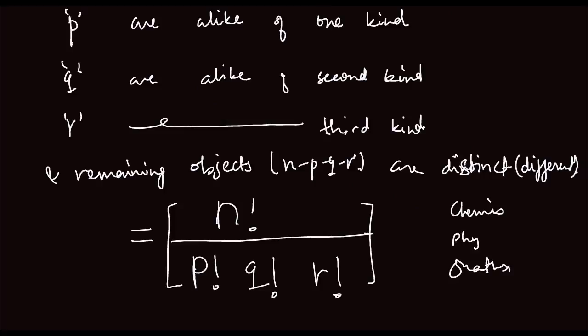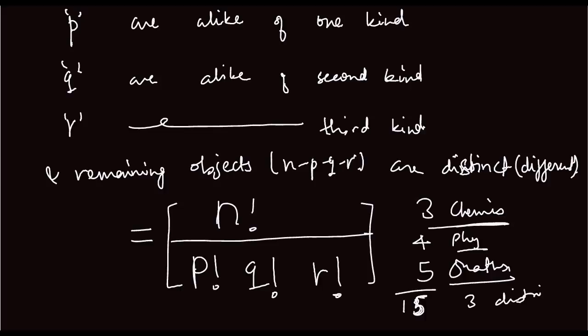Three identical chemistry books are alike of one kind, then 4 of physics and 5 of maths. Let's say you have 15 books in total. So remaining books are 3 books: 5, 4, 9, 3, 12. So 3 books are distinct. So how many permutations you can arrange them in is 15 factorial divided by 3 factorial, 4 factorial, and 5 factorial. So this is one of the simplest examples.